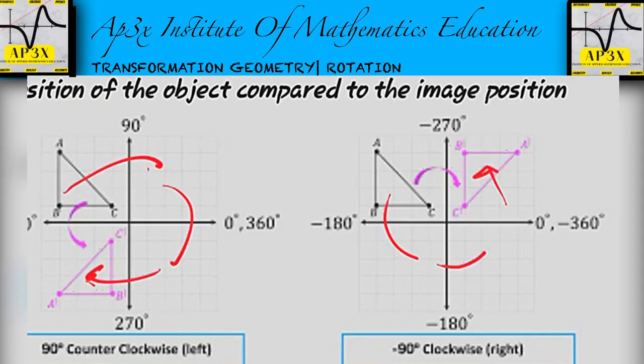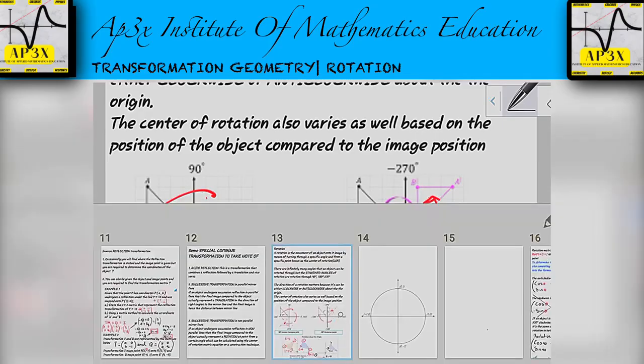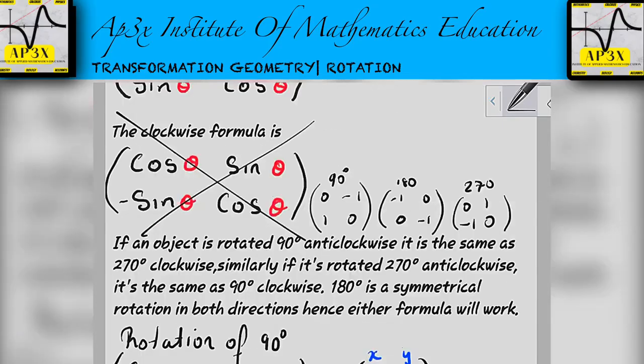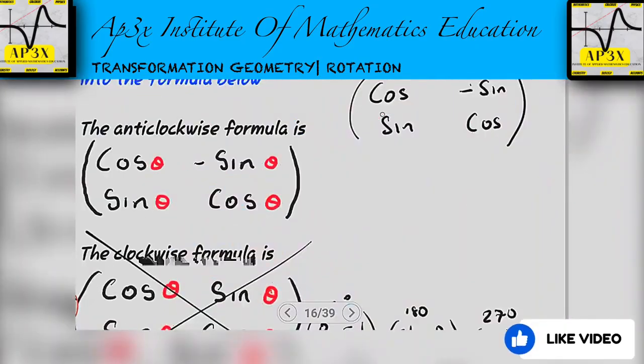Now, not to fluster you too much, because I know that this is a lot of information to process, I'm going to keep it at a bare minimum and discuss only one example. So here, let's say that you're asked to rotate the object 90 degrees clockwise. You cannot put 90 degrees clockwise into an anti-clockwise formula.